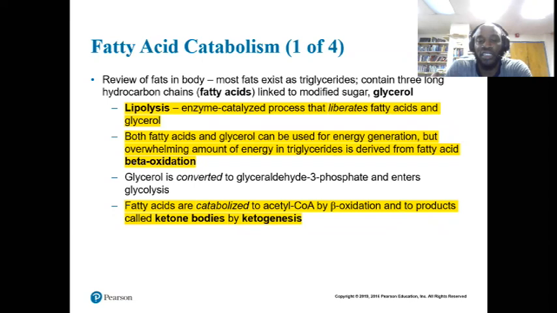Acetyl-CoA, beta oxidation, and into products called ketone bodies by ketogenesis. You may have heard of these keto diets. You may learn something about that very soon. But that's a very popular diet, and very much because of the science behind ketone bodies.